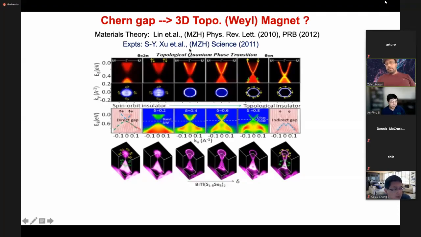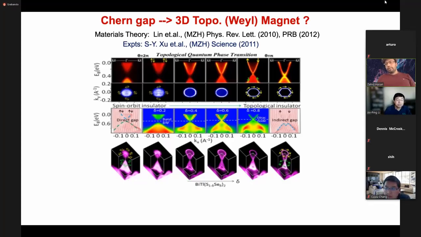We're interested in 3D topological magnets, and these ideas are described in both our theory and experimental papers starting in 2010 and 2011. This is also Suyang Xu's Science paper in 2011, where we showed that there's a 3D Dirac semimetal at the inversion point when you drive a topological insulator into a normal insulator. Why were we interested in that?